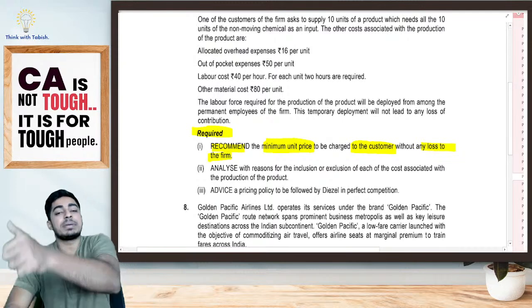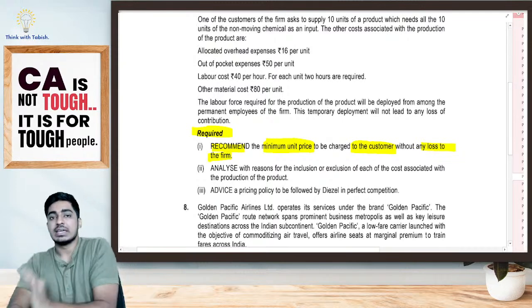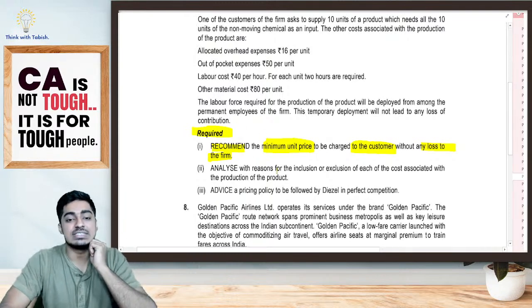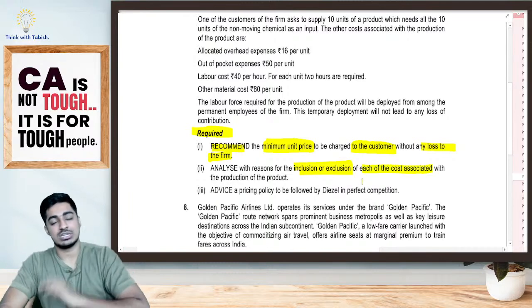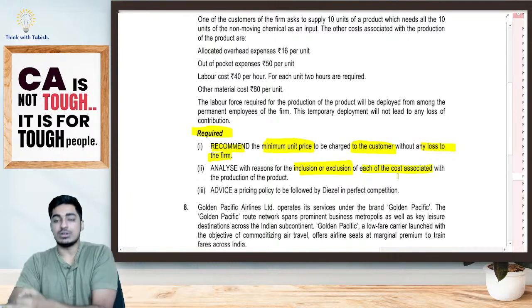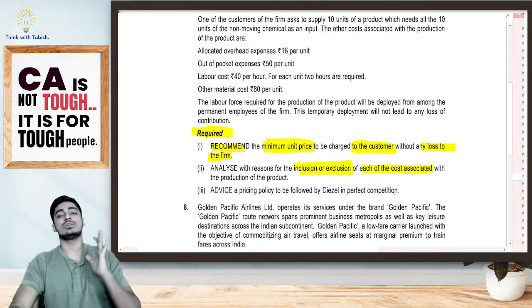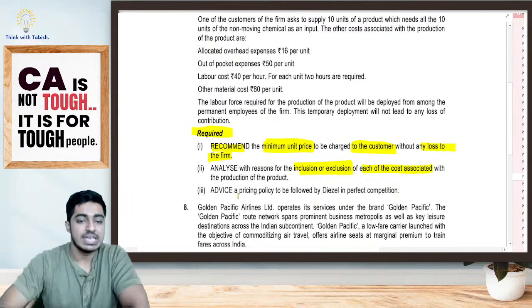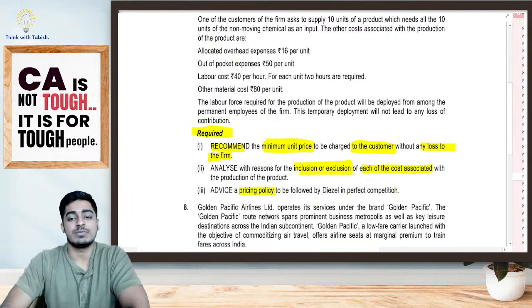That is minimum price. What is a relevant cost we are incurring? That much at least we should be getting. Point number 1. Analyze with reasons the inclusion or exclusion of each of the cost associated. Every item, if it is included, how much is included, why it is included, and if it is excluded, how much is excluded, why it is excluded, reason should be told. Advise pricing policy in perfect competition.